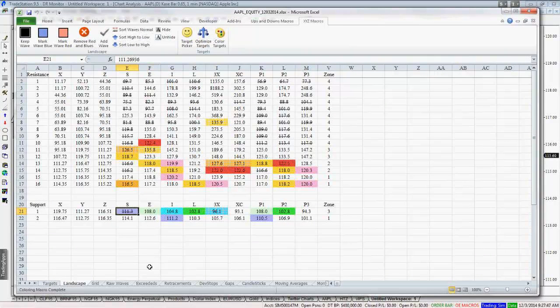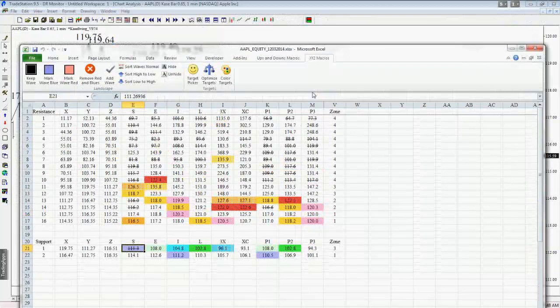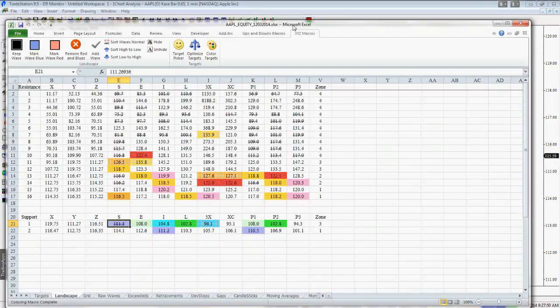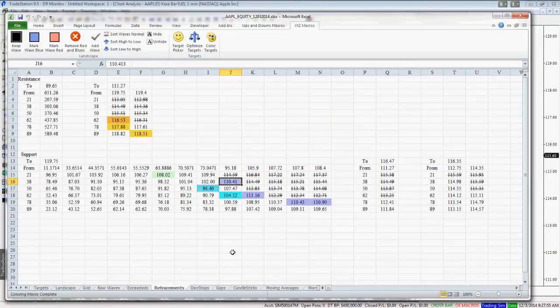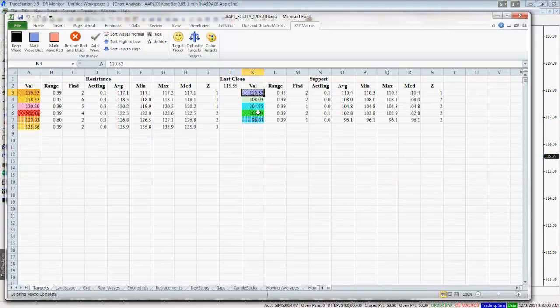If the market moves down below this 111.3, then we're in trouble. Okay, so 111 points or 110.82, and that's because that's also from the 95.18 up. That's a 38% retracement. So our major support point right now is going to be 110.2, right? Or excuse me, 110.8. If this market breaks 110.8, it's in trouble.